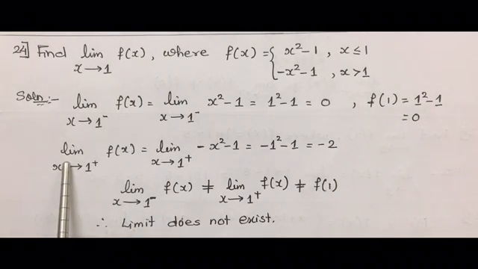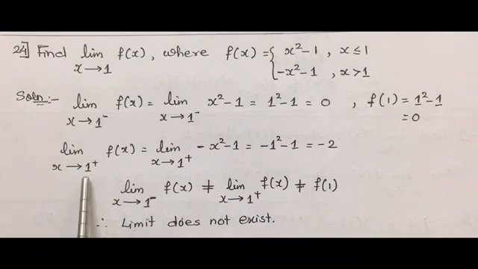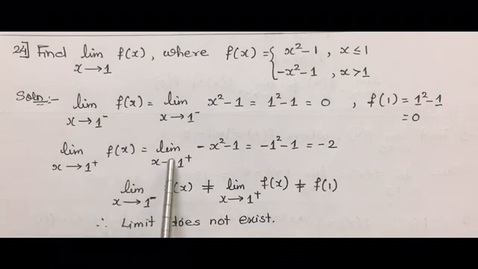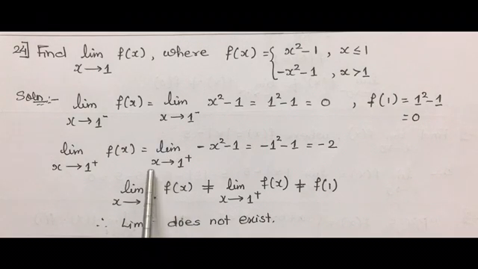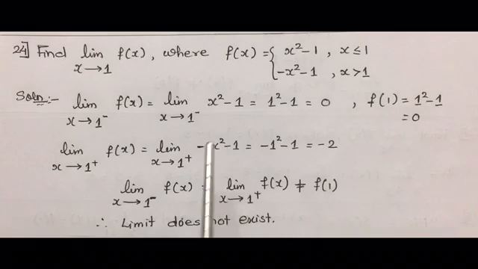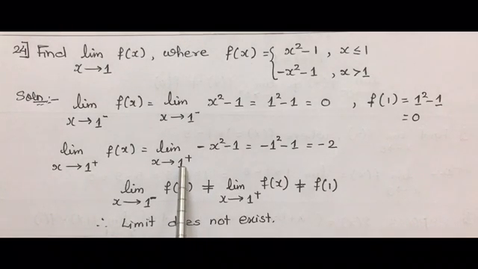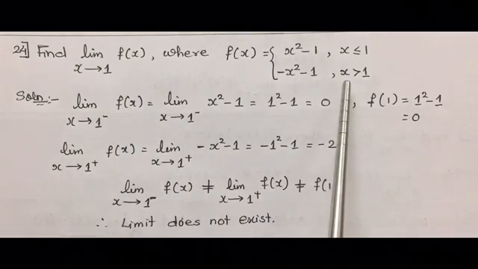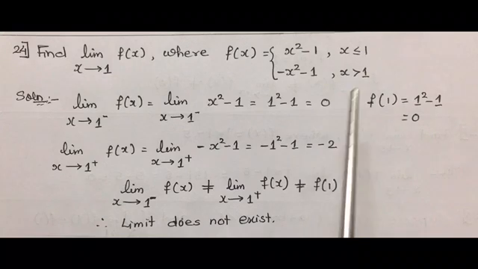Now going for the second part, that is limit x tends to 1 plus. That means x is approaching 1 from right of f(x) is equal to limit x tends to 1 plus. Now if x is approaching from right, that means the value of x will be greater than 1.